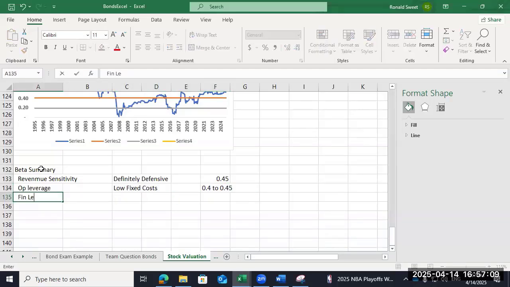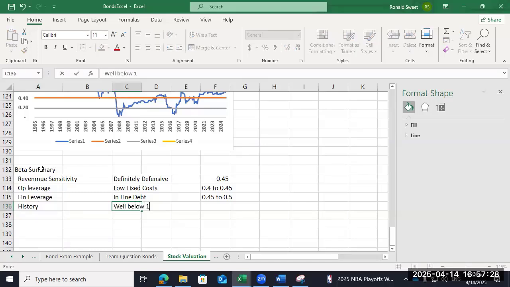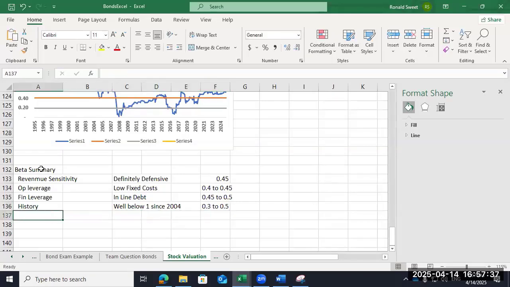Financial leverage, in line debt, 0.45 to 0.5. History, well below 1 since 2004, 0.3 to 0.5. Final beta, we're going to use 0.45, something like that.